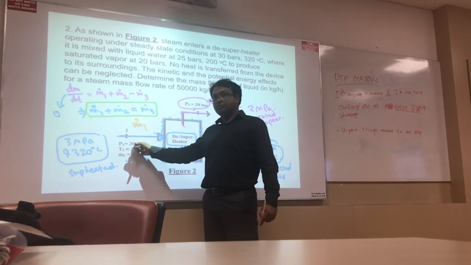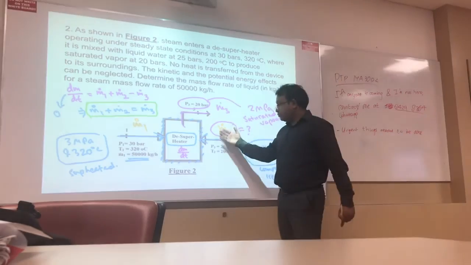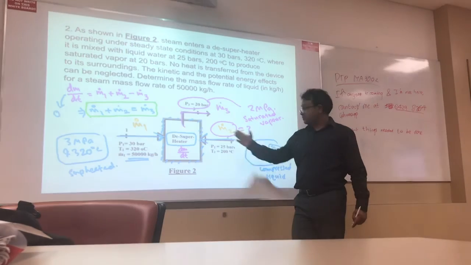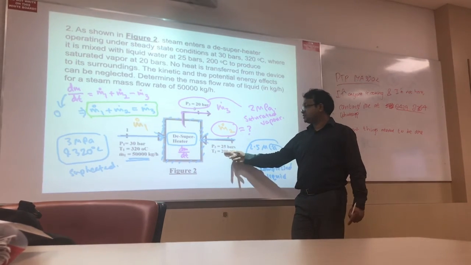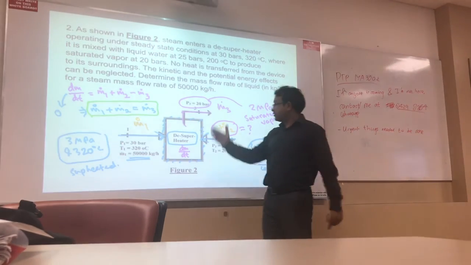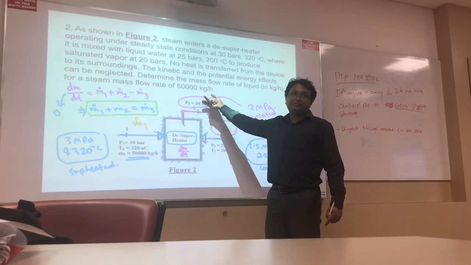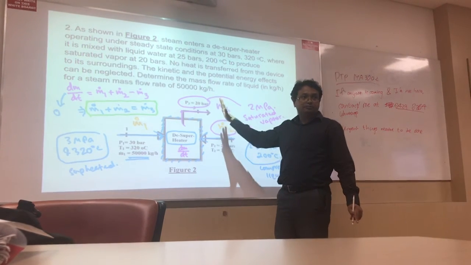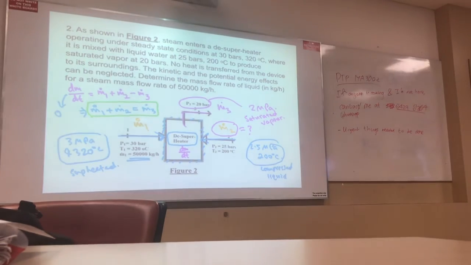At state 1, 3 megapascal and 320 degrees Celsius. At state 2, pressure is 2.5 megapascal and temperature is 200 degrees Celsius, compressed liquid. And state 3, 2 megapascal, saturated vapor phase. That's all. So now I am going to do the energy balance.